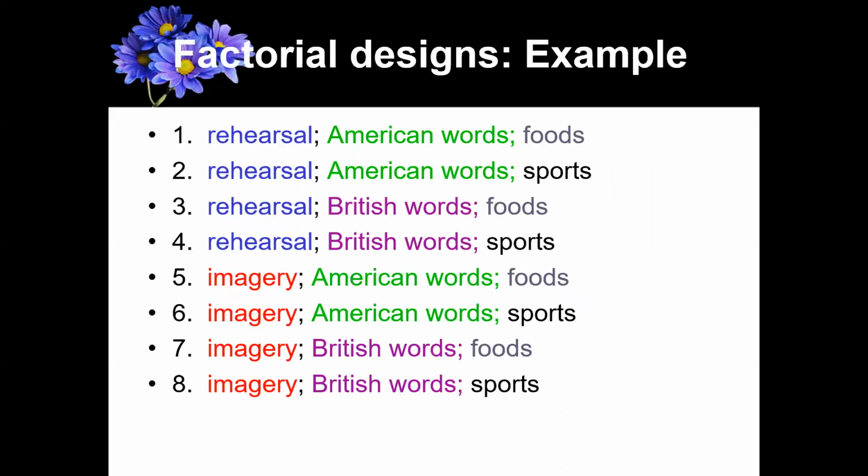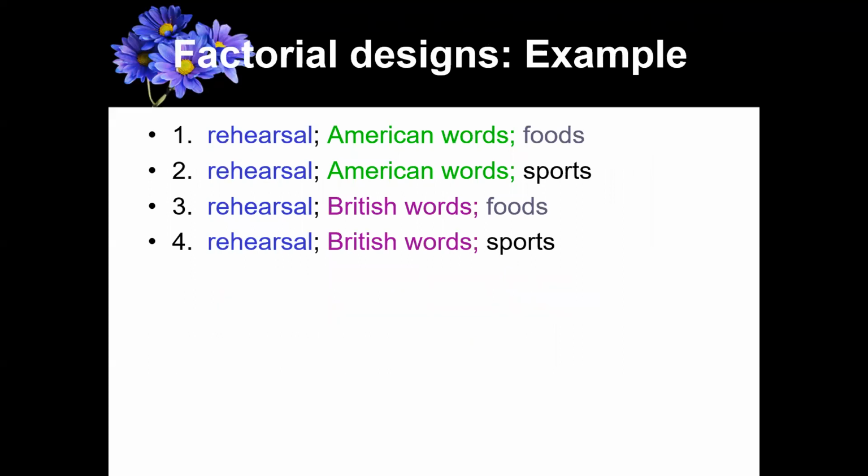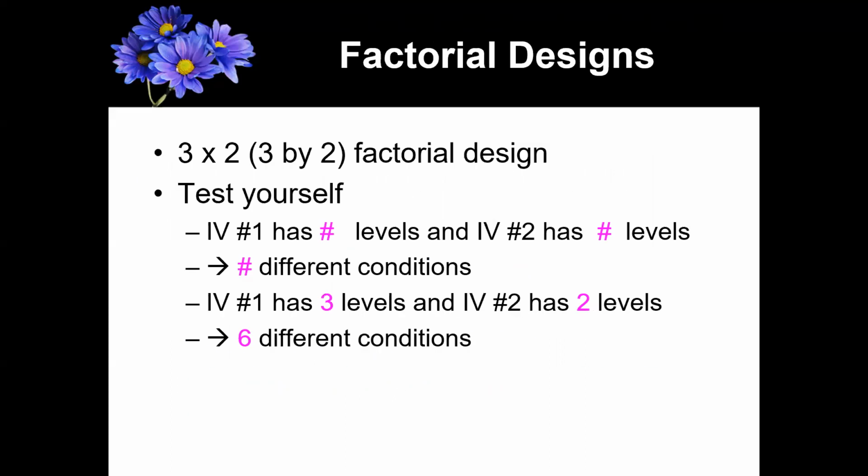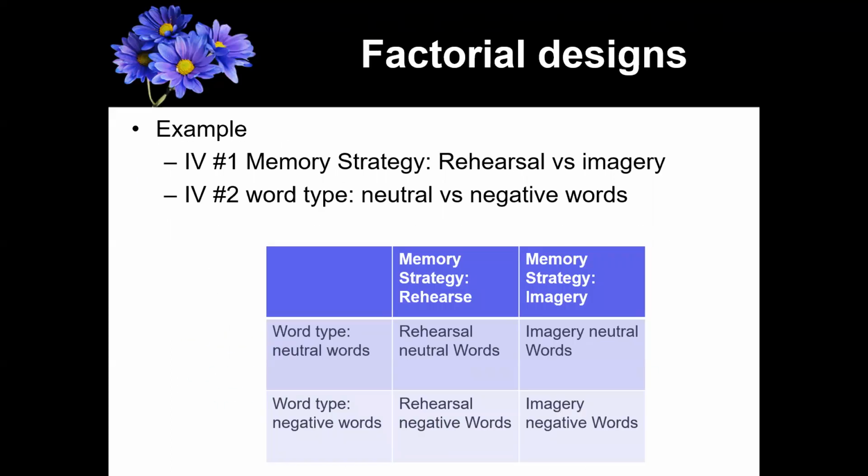Okay, so for example, let's go back to an earlier one. I could manipulate one of these factors. Well, let's start with a purely within subjects design, which is really what we did here. So in this example, I'm just going to have every participant do every condition.